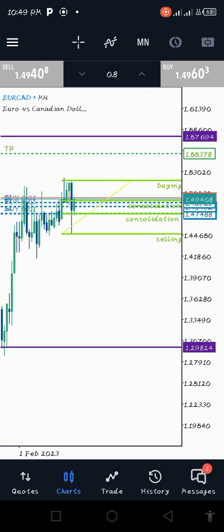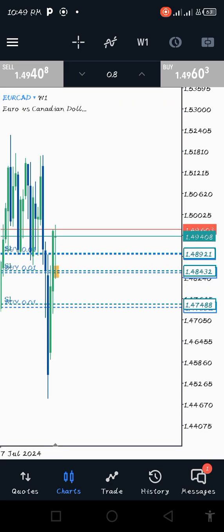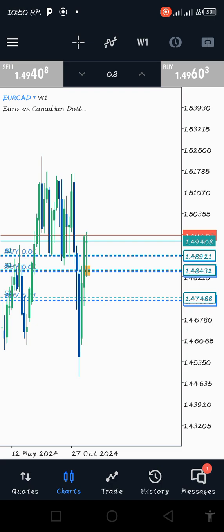Good. So we move to the weekly time frame and see what we are having on the weekly time frame. On the last 3 to 4 weeks, we are still buying. That should be telling us something. It's telling us that we should not be considering selling on this pair.